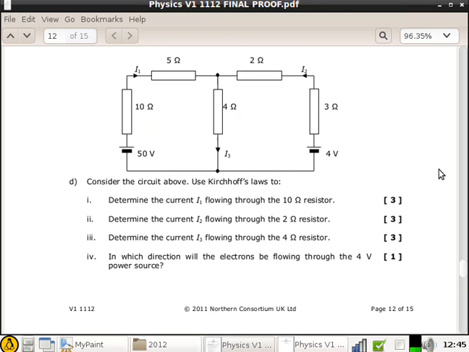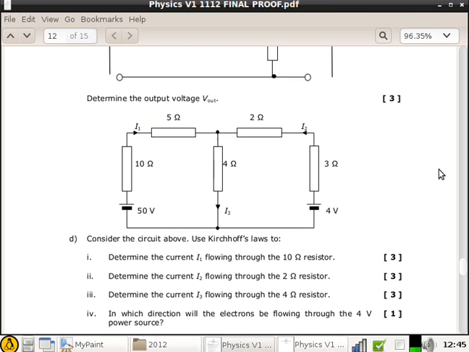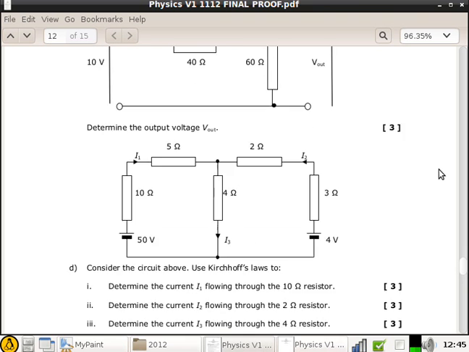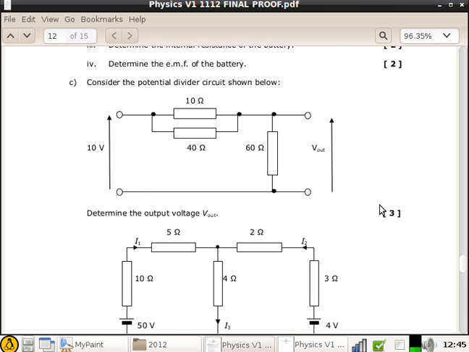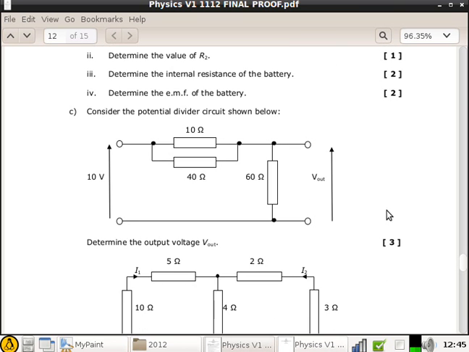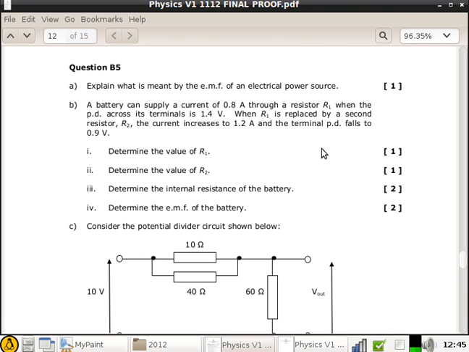So that Kirchhoff question was 10 marks. The previous circuit was 3 marks. So that's 13 marks. But look at this, there was another circuit question here. And you can also use Kirchhoff for this circuit question. For 6 marks.